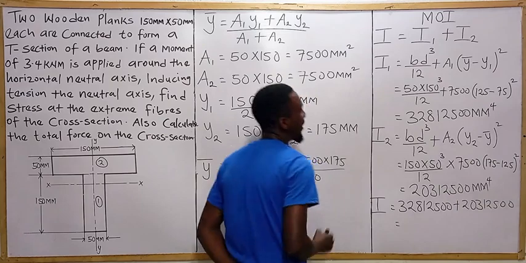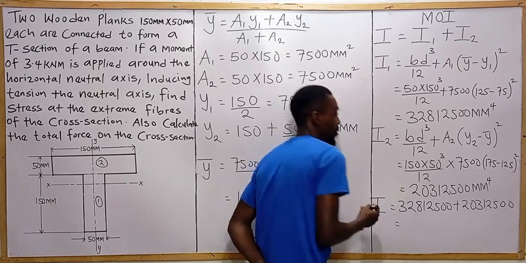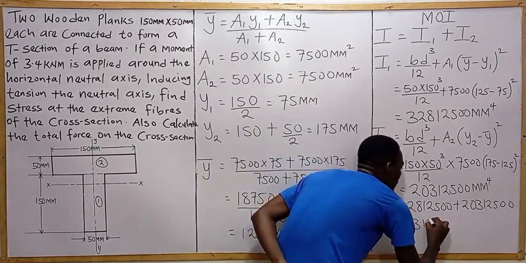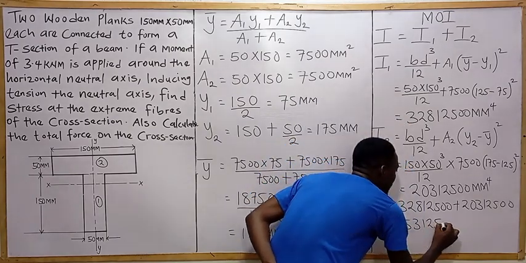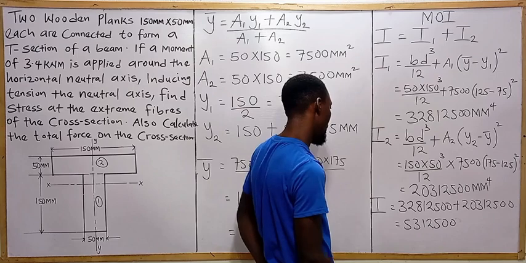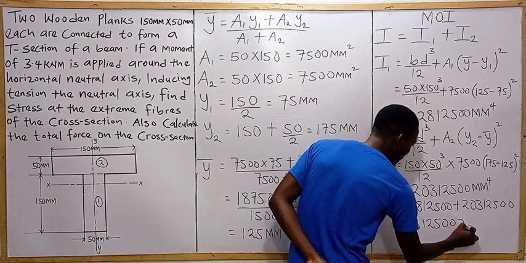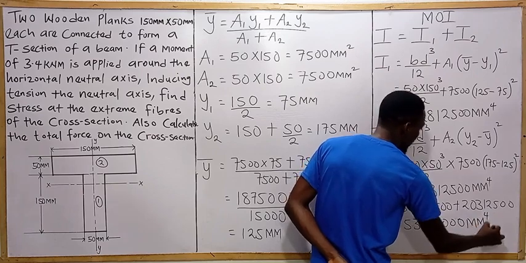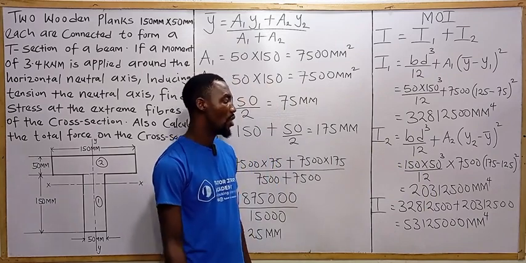If you sum this together, you are going to have your I to be nothing but 5312500 mm to the power of 4. All right, so that is what our I is going to be.